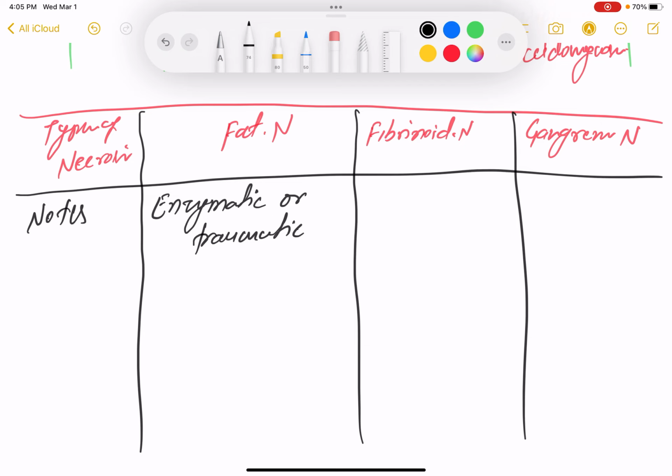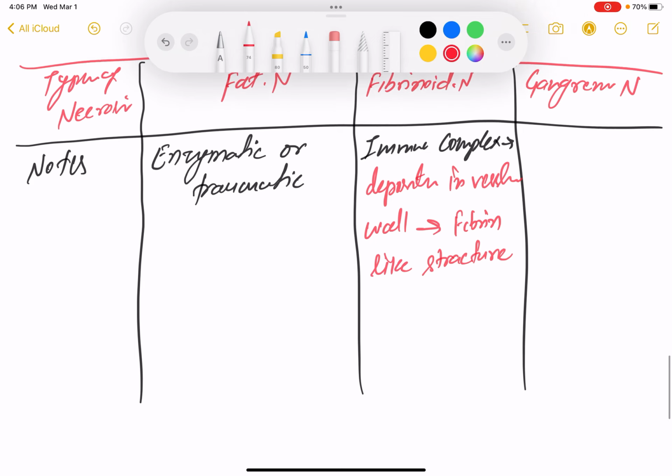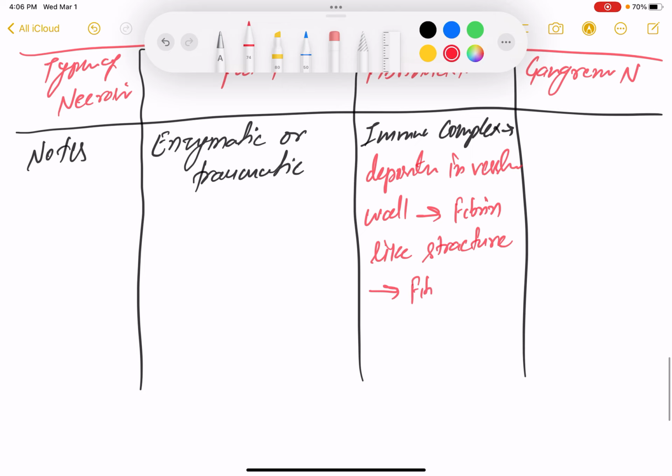Fibrinoid necrosis is due to immune complex deposition in the vessel wall, so there will be a fibrin-like structure, hence fibrinoid necrosis.